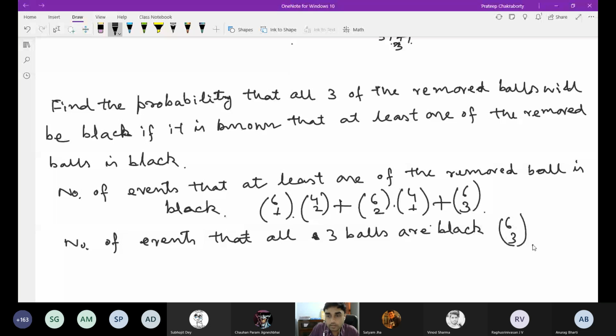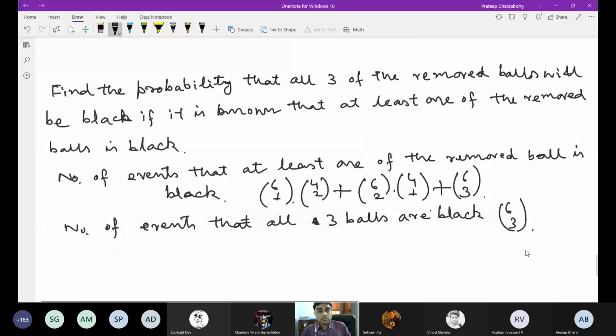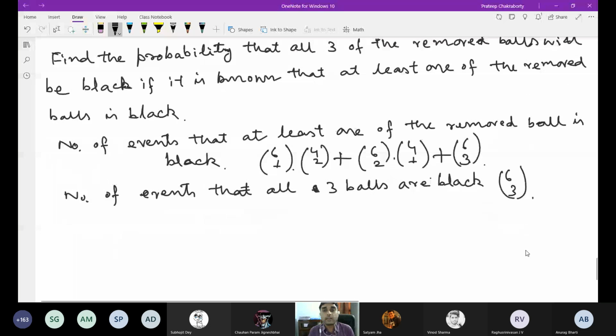Okay. So what is the probability that all of the 3 removed balls will be black if it is known that at least one of the removed balls is black?